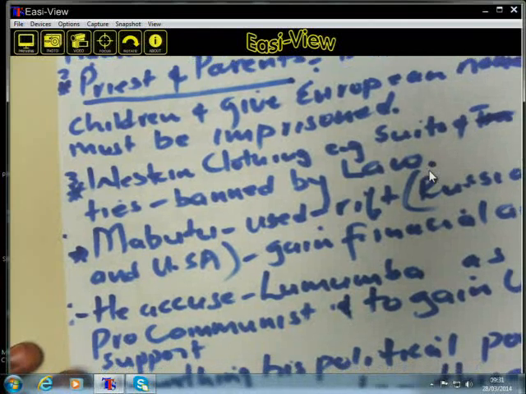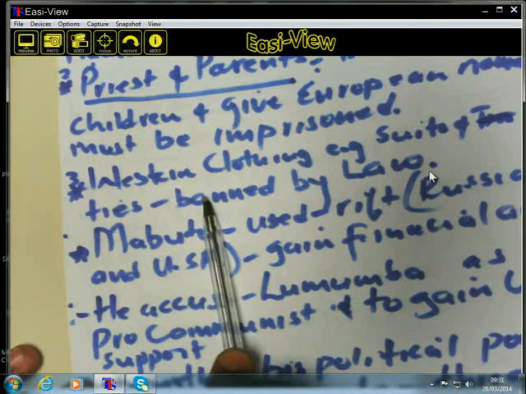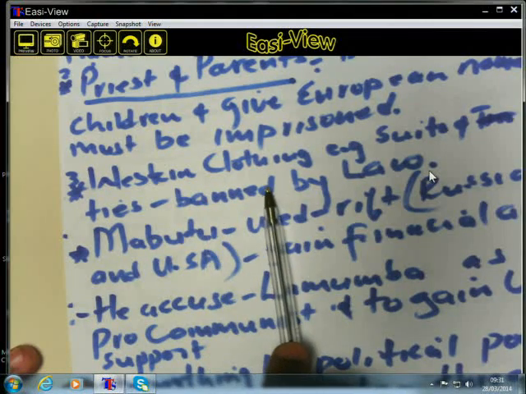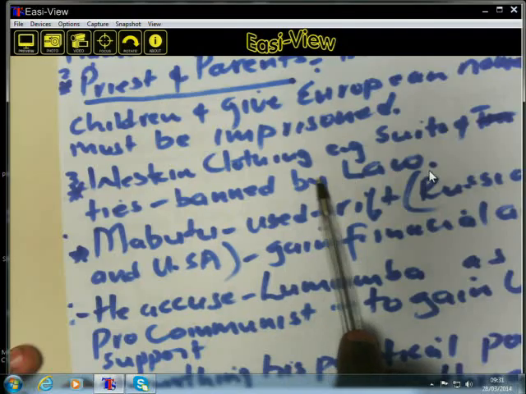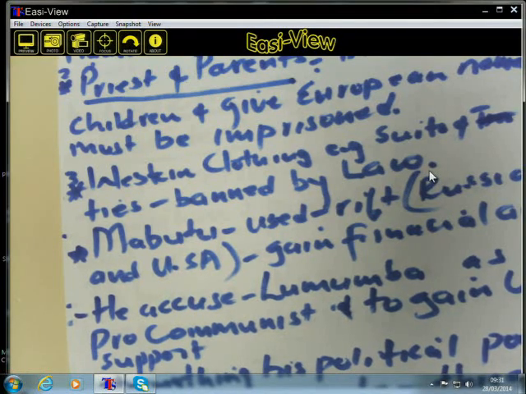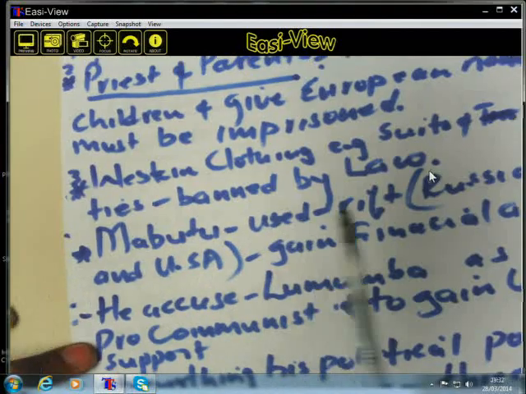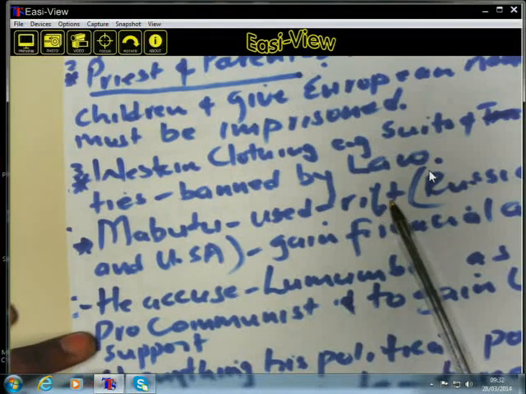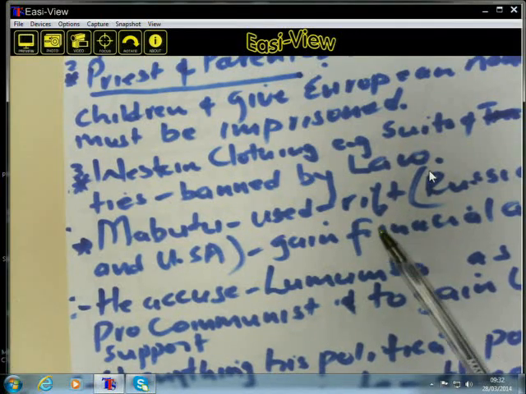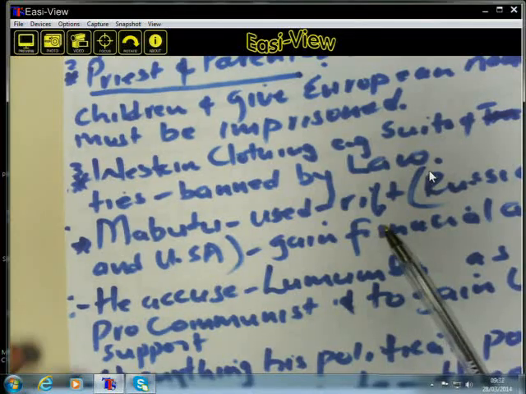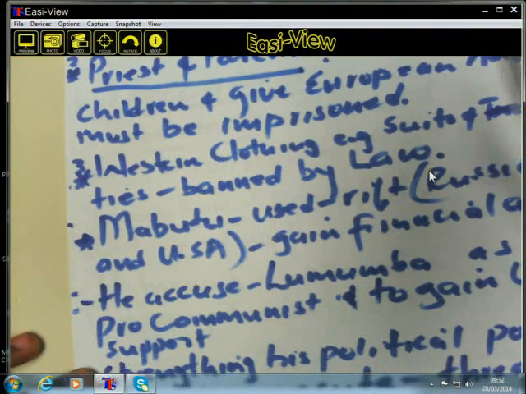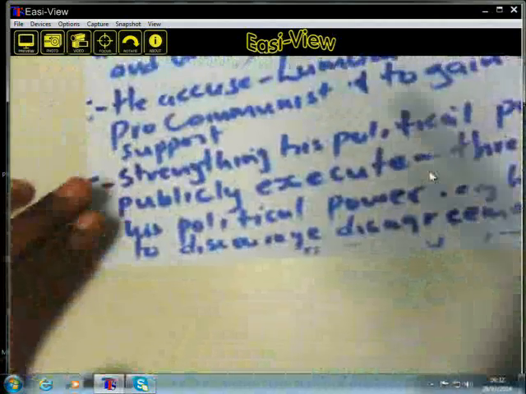And the third thing he did, he ensured that the Africans identify themselves by clothing. Western clothing had to be changed. When we talk of Western clothing, we regard suits and ties as Western clothing. So those things had to be banned. They were banned in Congo. That was the political situation in Congo.